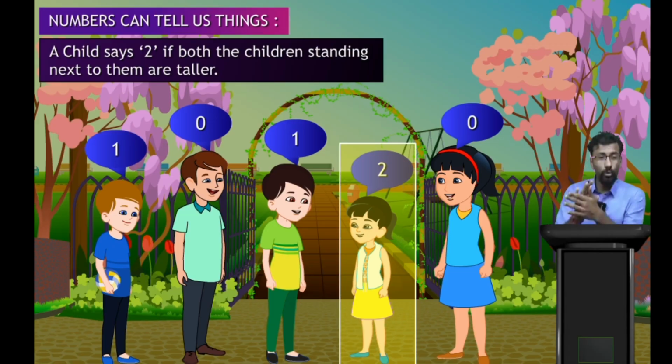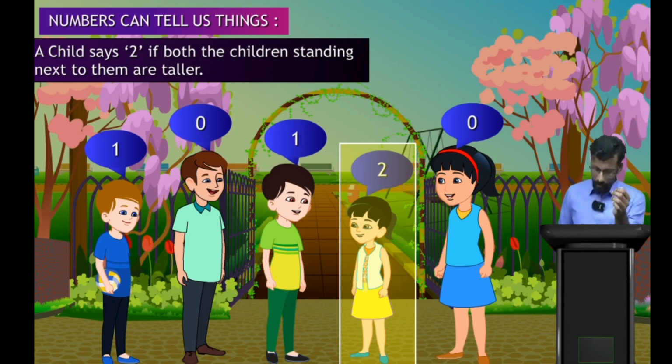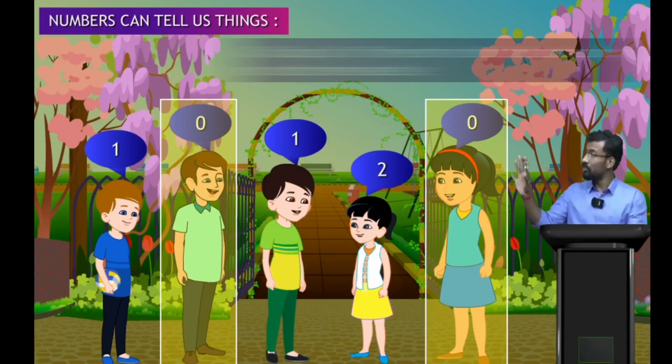Then in the third case, whenever a child says 0, neither of the children standing next to them is taller than him or her. Zero means no taller persons are standing next to them. So that's our logic.